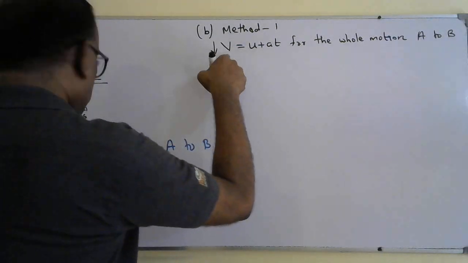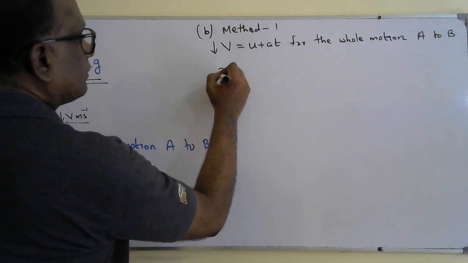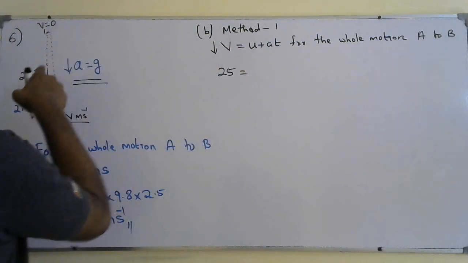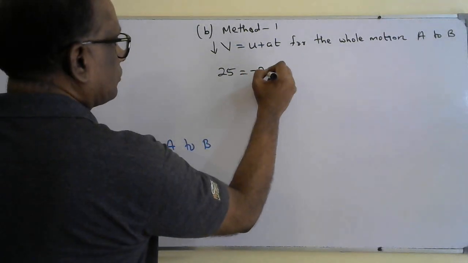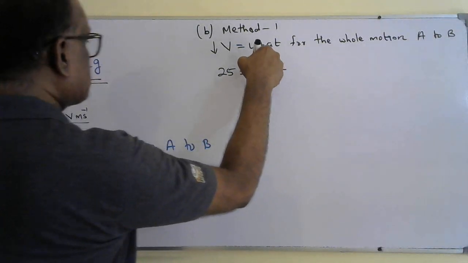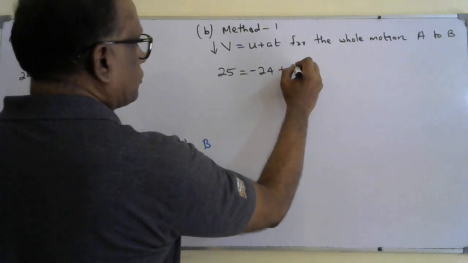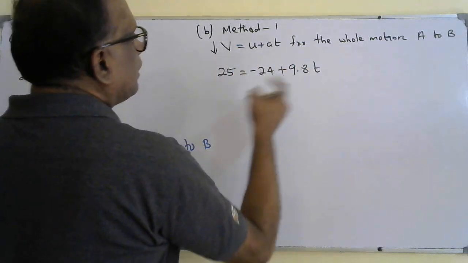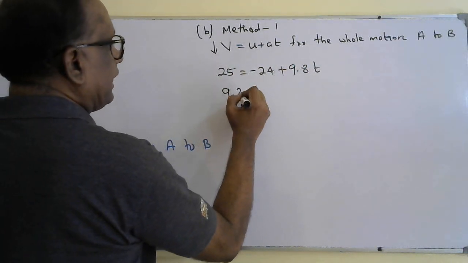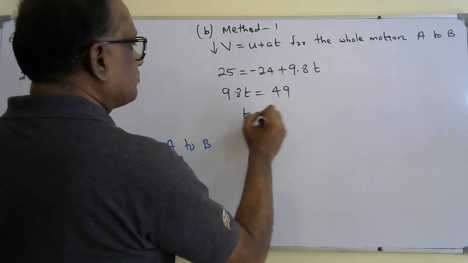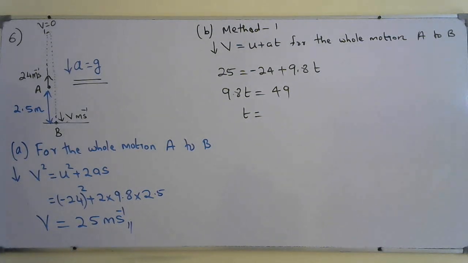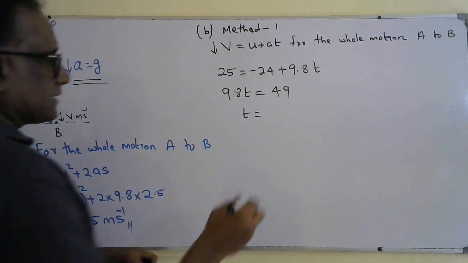Okay, v is downward, that is 25. u is upwards, I'm taking downward positive, but u is upwards, so minus 24. Plus a is downwards, positive, so 9.8 t. Solve it. 9.8 t equals 25 plus 24, that is 49. Find t, so that will be 5 seconds.